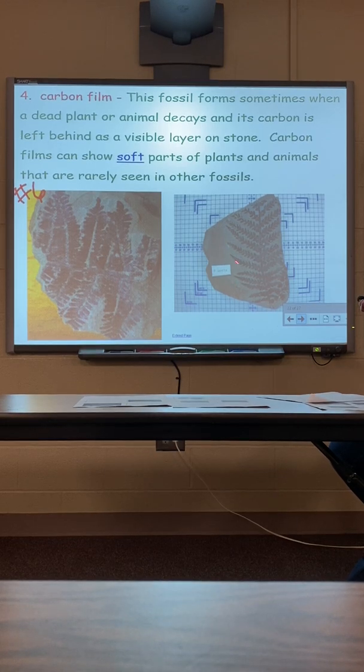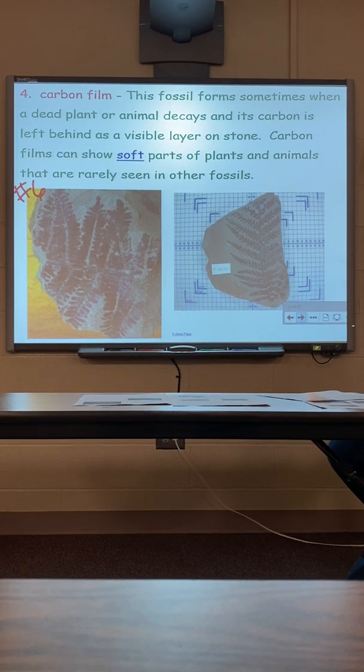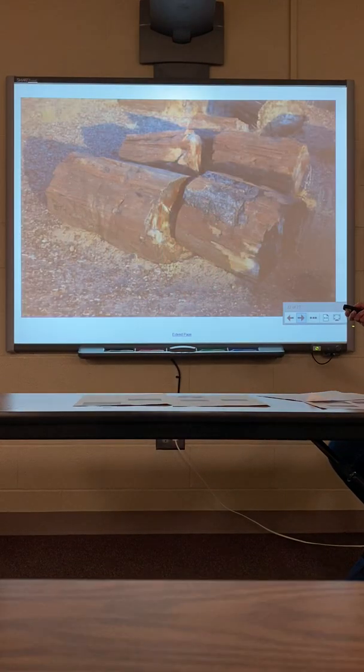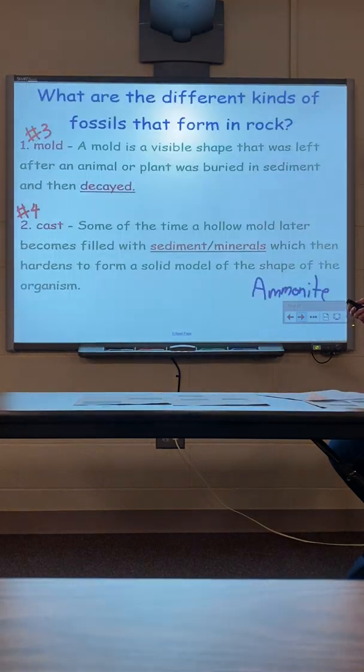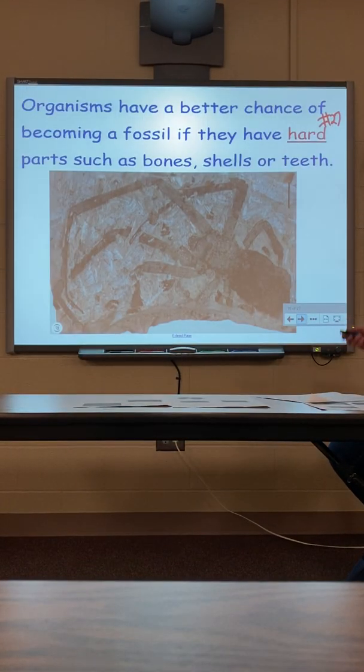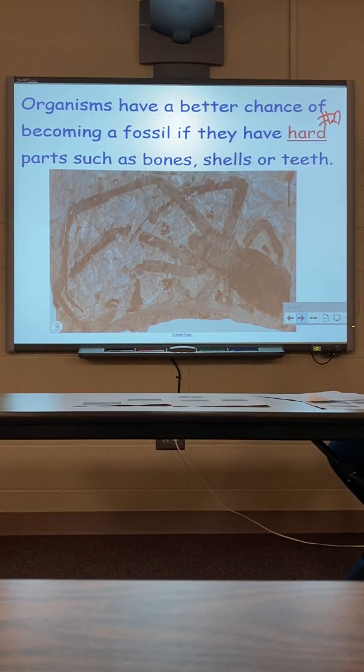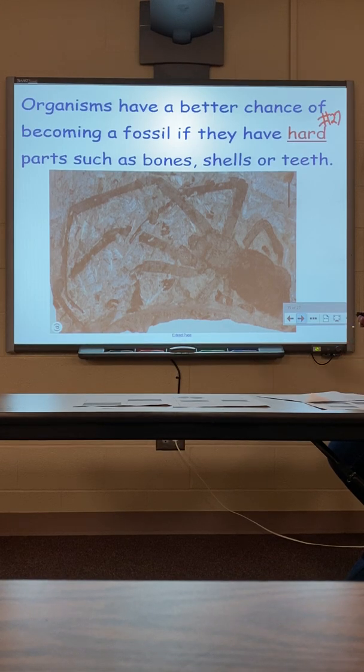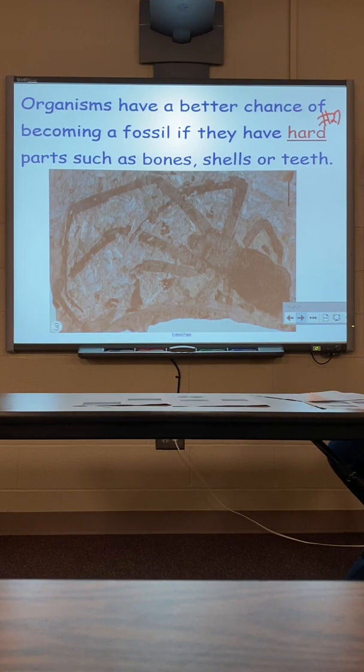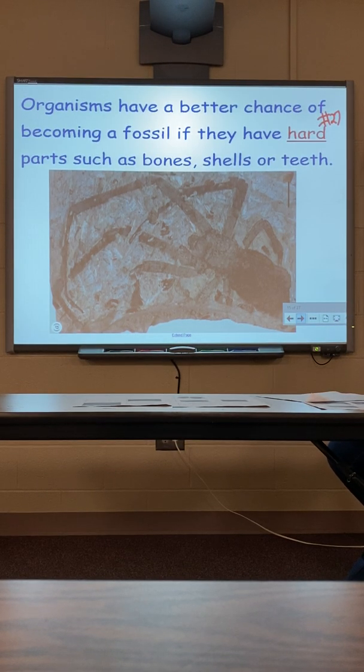Both of these are carbon film fossils, and you can see tiny little leaflets on ancient ferns. Now I'm going to go back to this picture of the spider again. That is definitely a carbon film fossil because this guy doesn't have any hard parts on him. It looks like somebody drew a picture of it with a magic marker, but that is actually the carbon that was once in that spider's body, deposited on that rock.